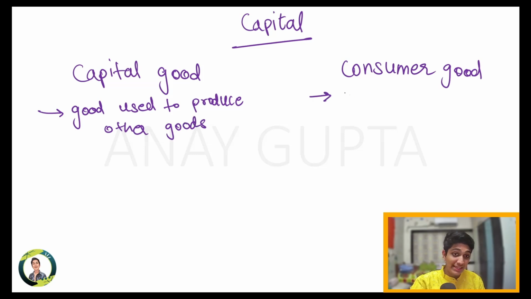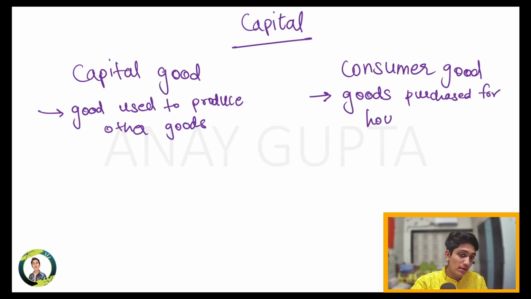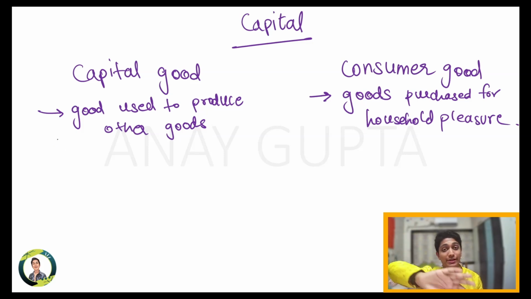A consumer good is a good purchased for household pleasure or satisfaction. Which means that a capital good allows me to produce more goods, but a consumer good is the end product.